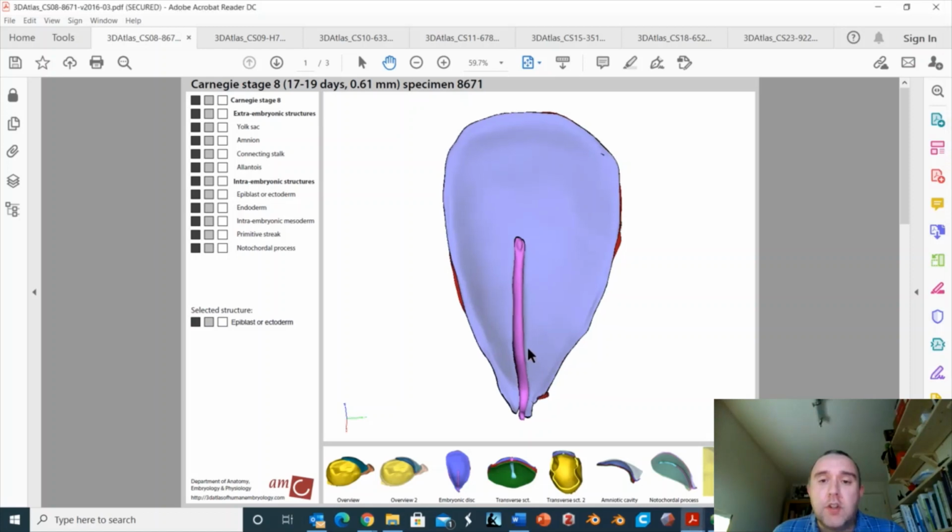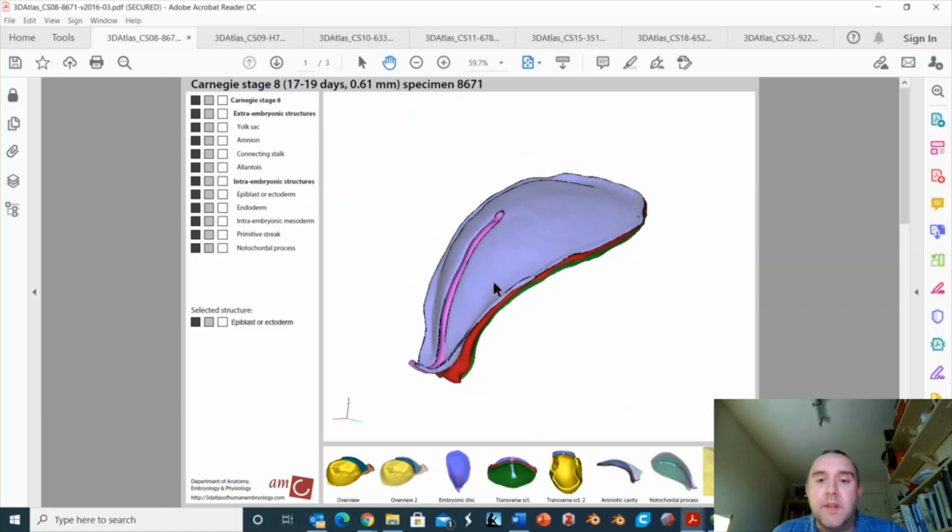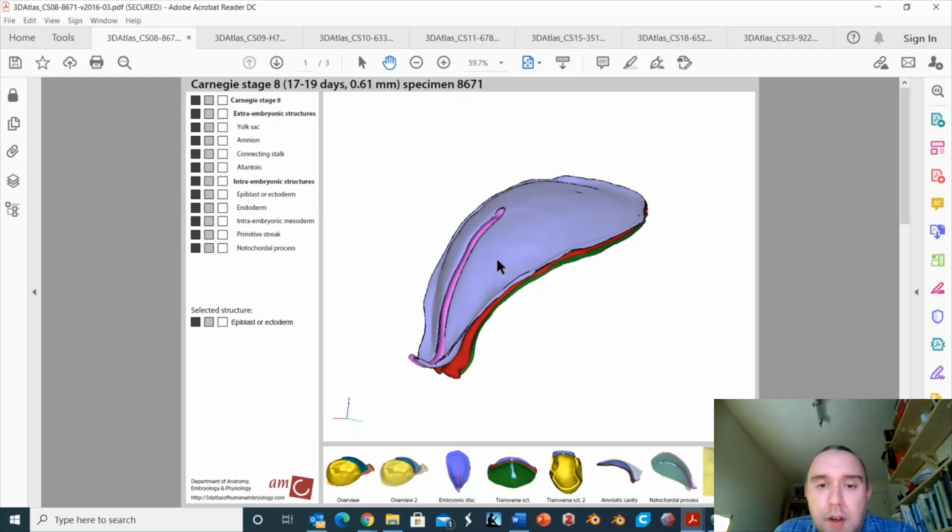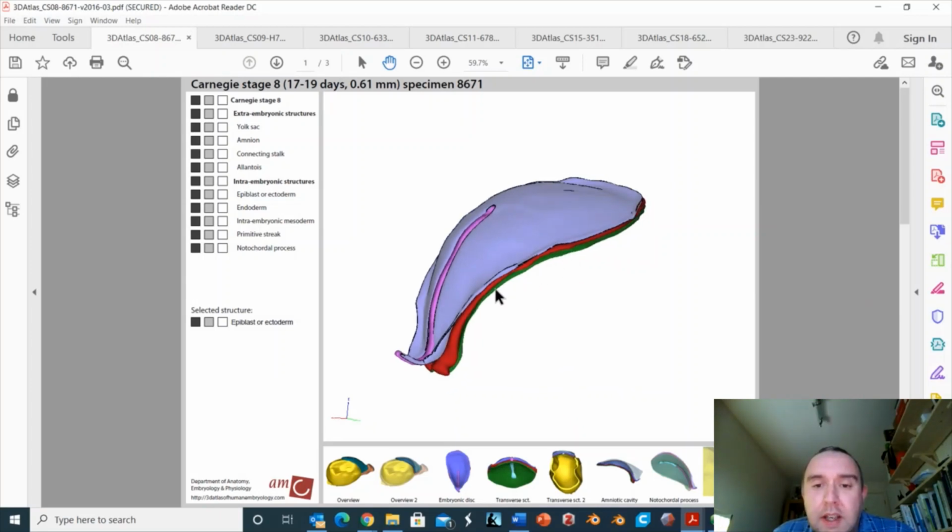So if I just change the angle here a little bit of this, what is happening is that these epiblast cells, we'll call them ectoderm cells from now on, are approaching the primitive streak, they're invaginating, and then they're migrating in all directions to form the two additional embryonic layers. We have the mesoderm in red, and we have the endoderm in green.